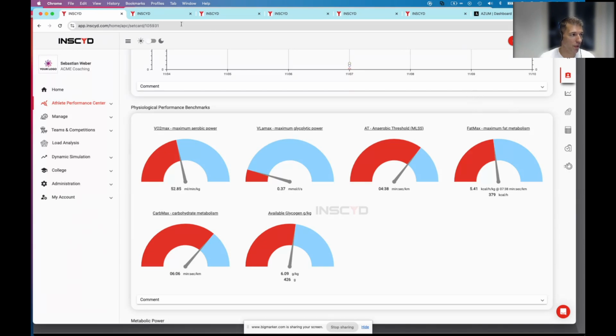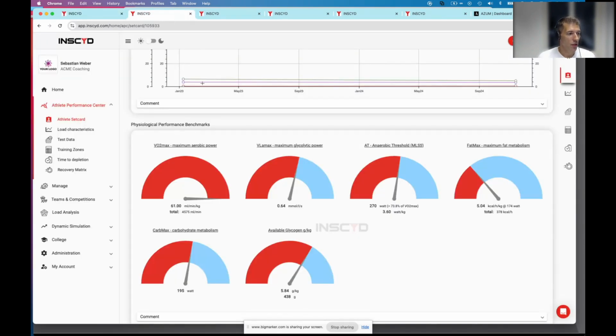On the contrary, this guy with the higher VLamax will have a bit more of some kind of fast twitch fibers, because those are responsible for this higher lactate production.